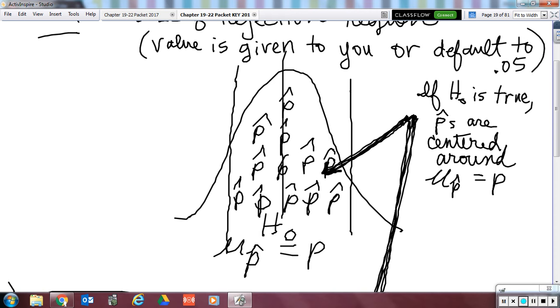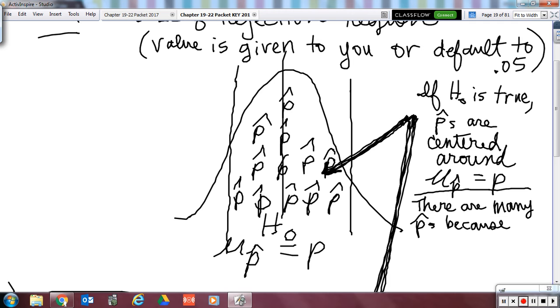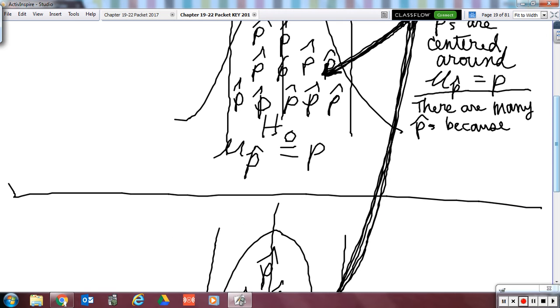And then I also wanted to write, why are there all these many different p-hats? There are many p-hats because, what? Good.